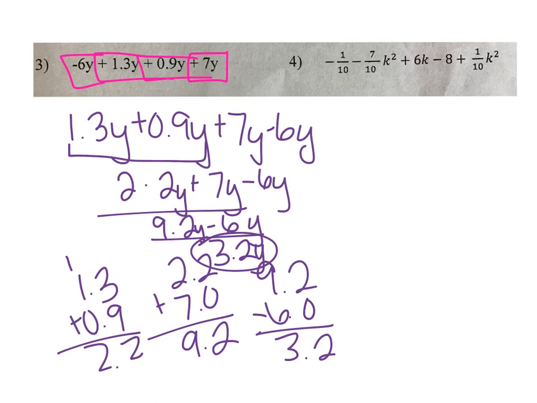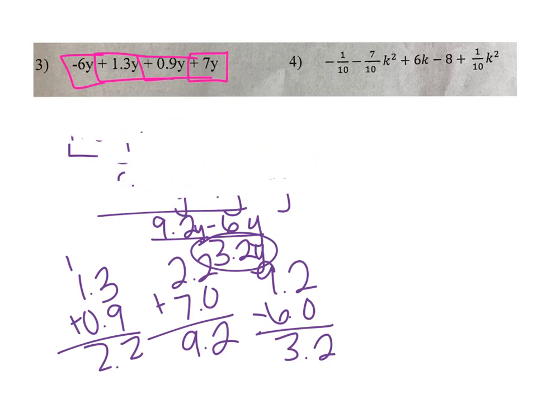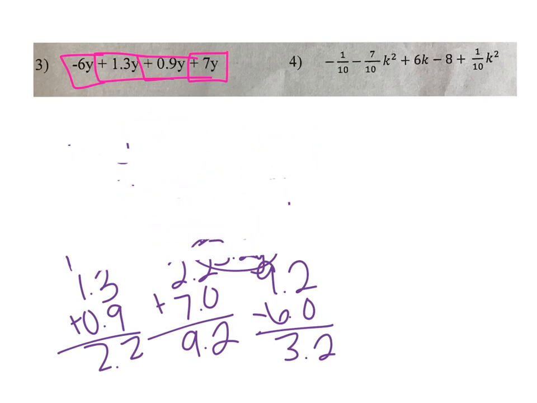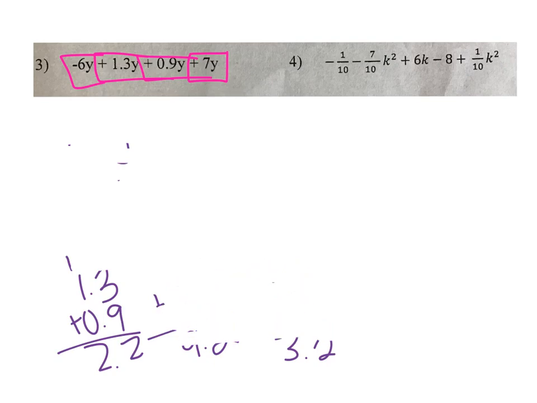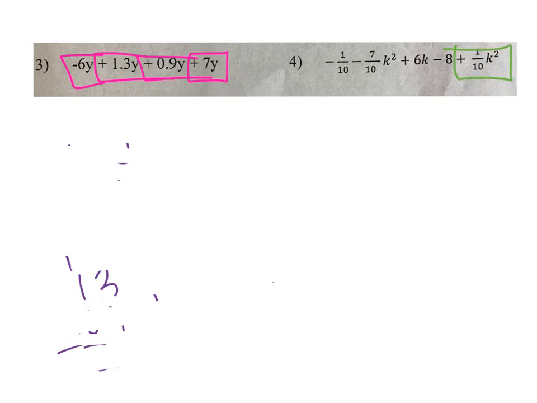I'm going to go ahead and erase some of this in order to have enough space for the next one. Because of all the fractions, we got to get common denominators and combine and different things like that. Okay, so here we go. Train it up. Okay, so I'm going to start with my k squared.